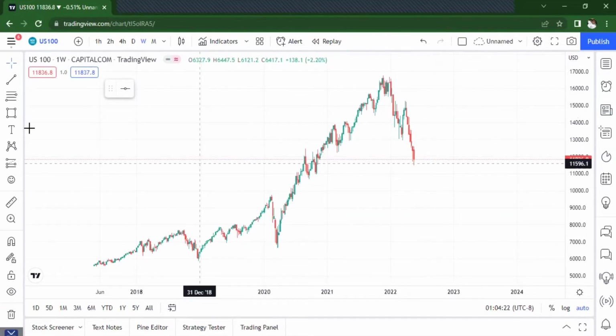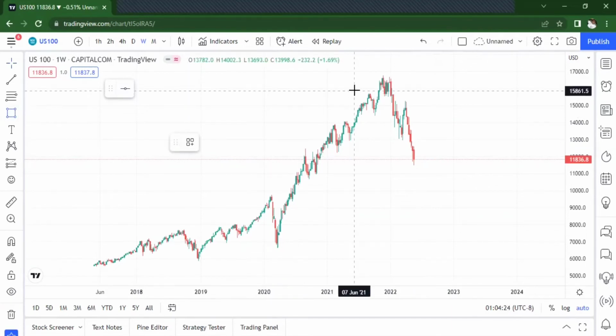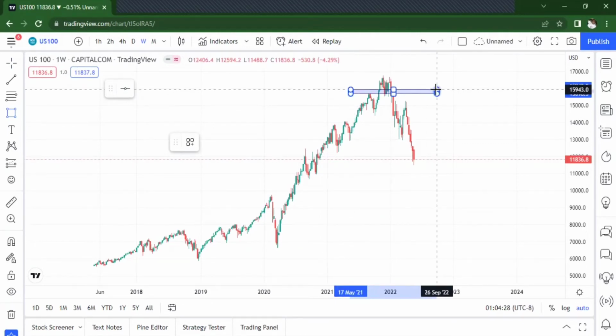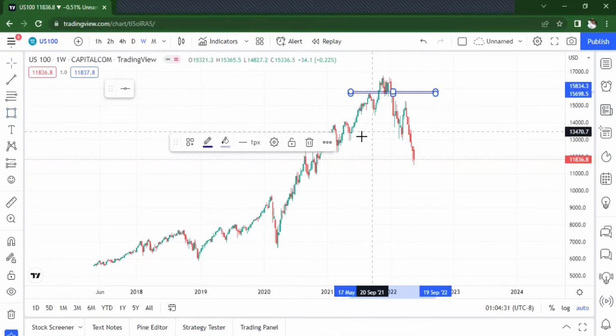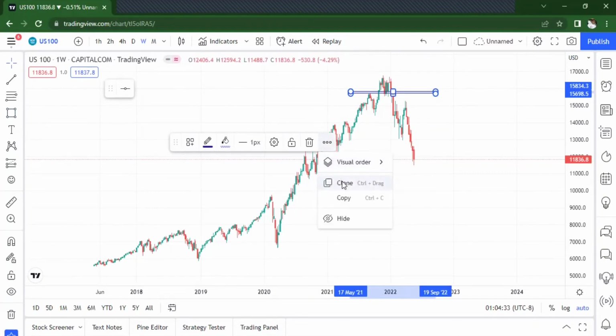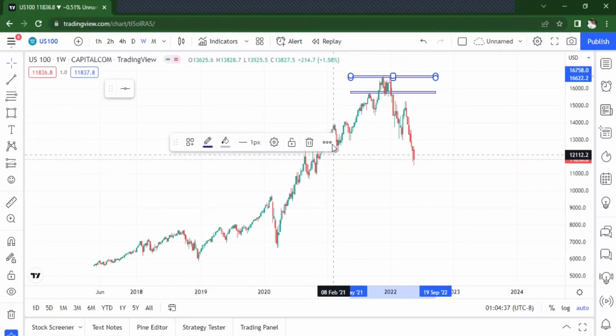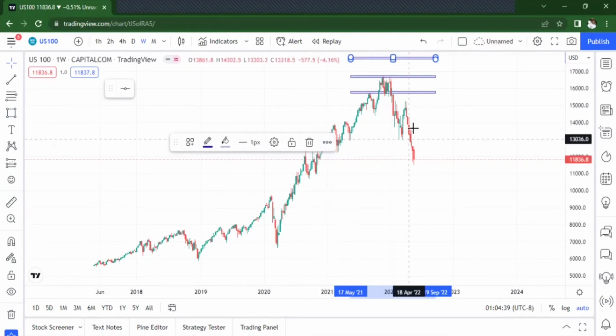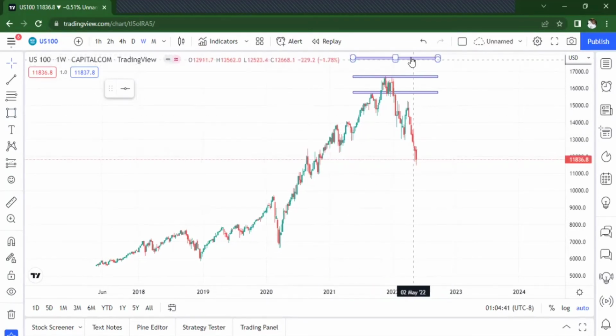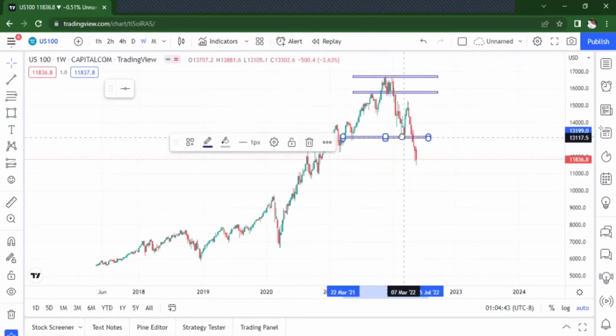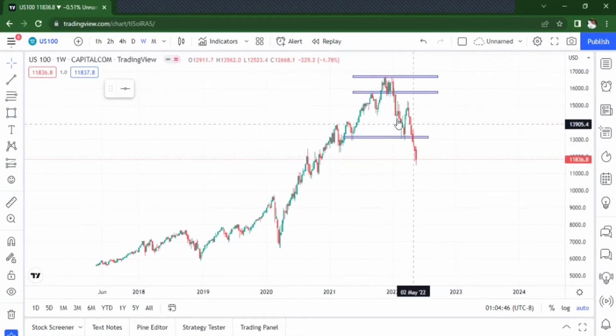I'm going to draw my zones again, guys. I'm seeing a resistance zone here, the overall zone here.